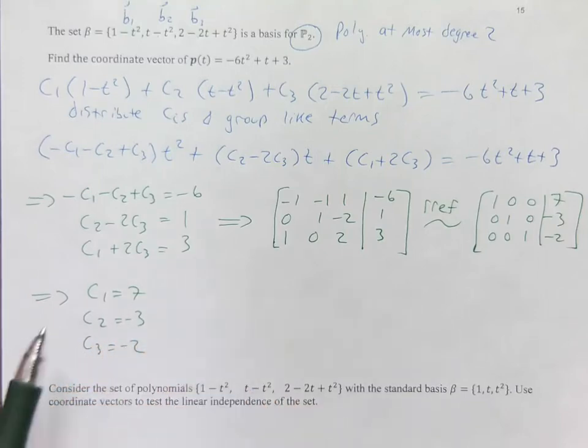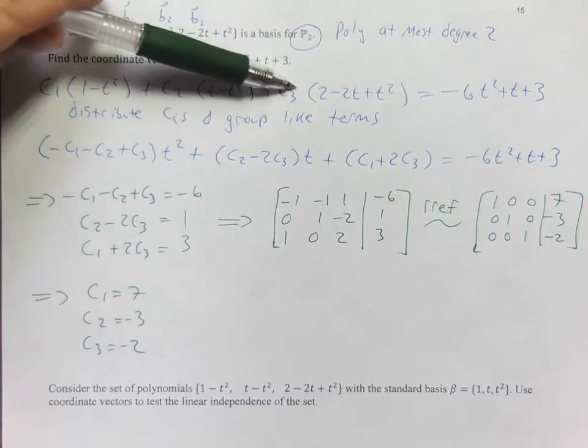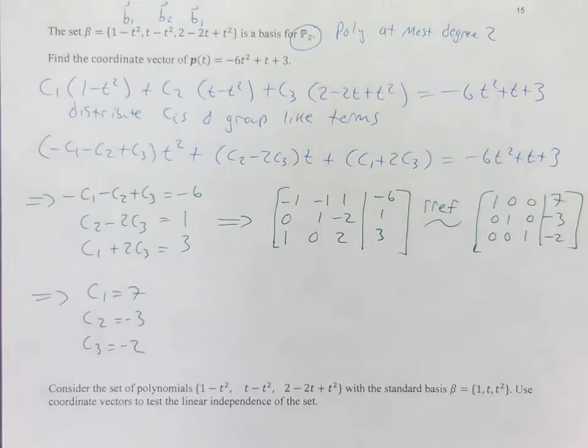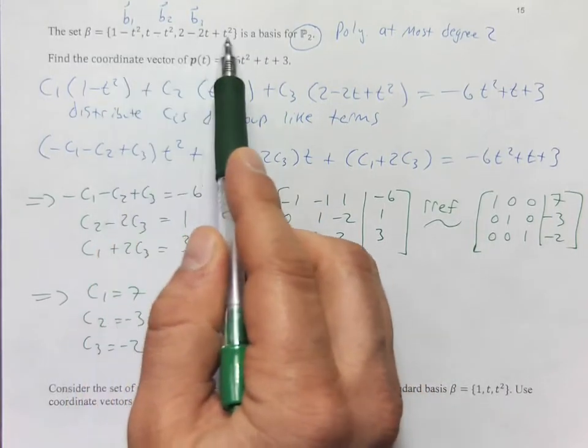And so when you plug those values into our original expression here, we'll end up rebuilding the polynomial we wanted to build. And so this is the coordinate vector for this specific polynomial with respect to this basis.